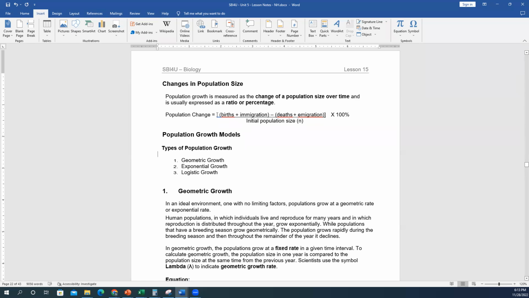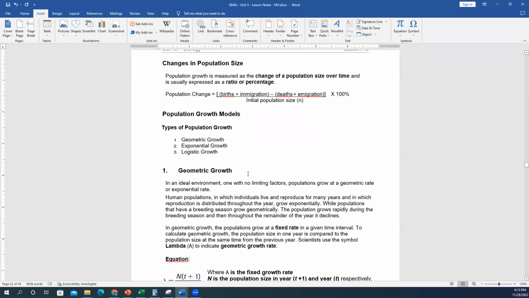For example, you might sum up all the births in that population, all the immigrations, whatever is added to that population, and subtract any deaths or emigrations, whatever has been taken away from that population, and divide it by the initial population size that you were looking at. And if we want to report it as a percentage, multiply it by 100%, and that would give you an indication of the population change.